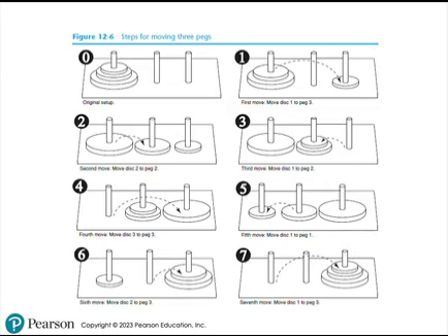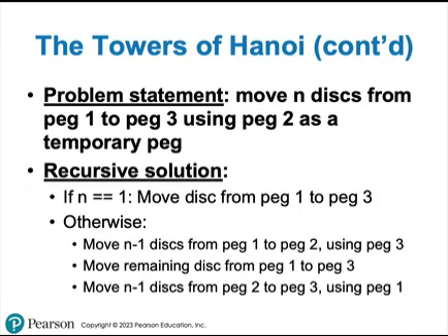And now you have moved the 3 rings from the left peg to the right peg. So with 3 discs, it's fairly straightforward. It still takes 7 steps to get through. As you add an additional disc on the bottom, the number of moves you make goes up pretty quickly.